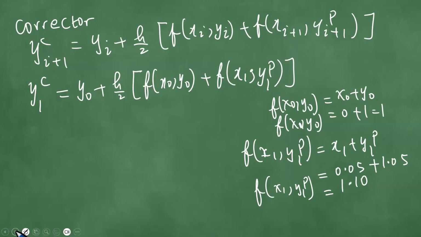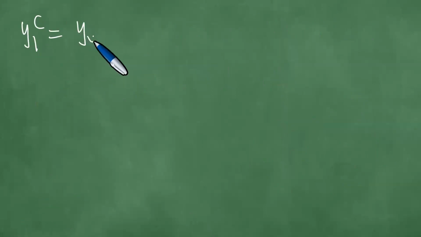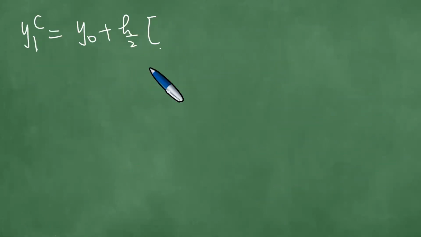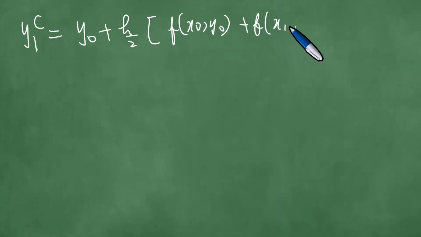So we can even go here and say y1 corrector is y0 plus h over 2 into f(x0, y0) plus f(x1, y1 predictor).